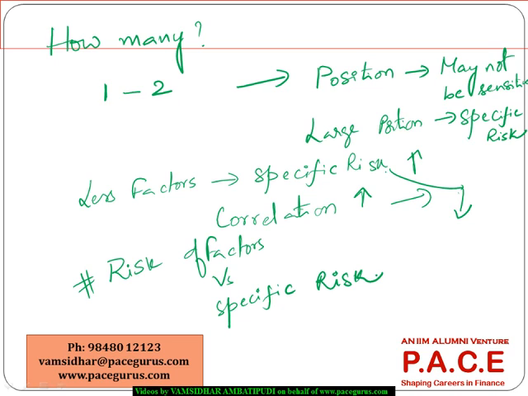So if I am just using duration, there could be a lot of specific risks associated with each position. But along with duration, let's say I include another factor like credit risk. Then some portion would be associated with credit risk, which means the specific risk that can be associated will typically come down.